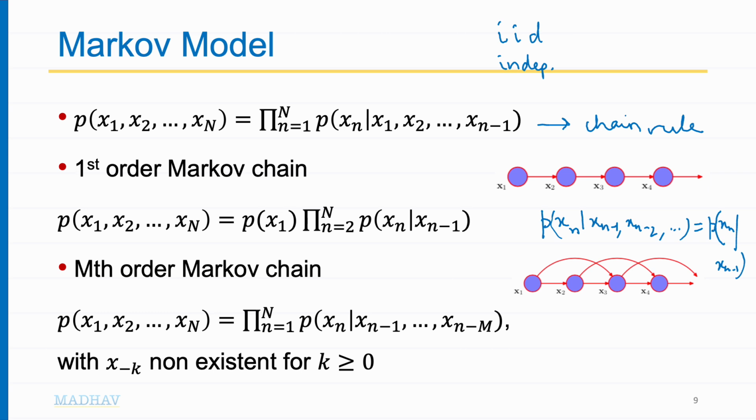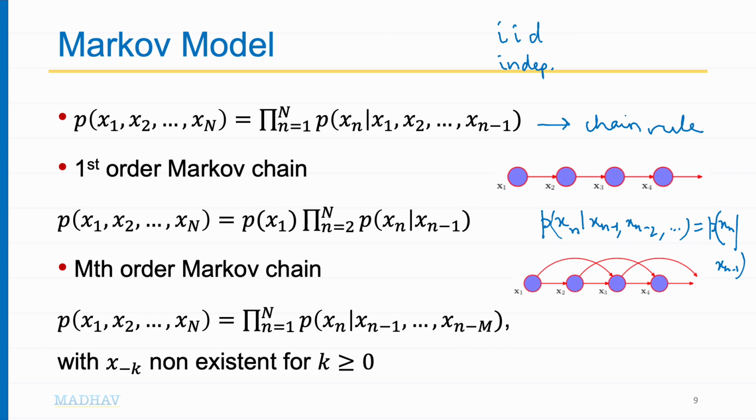My xn is independent of xn minus 2 given xn minus 1. So, let's say x4 is independent of x2 given x3.